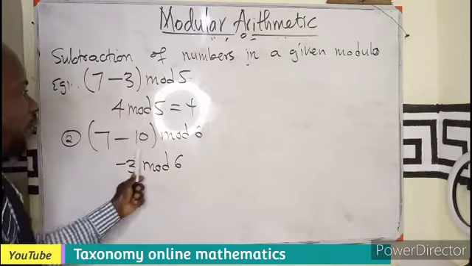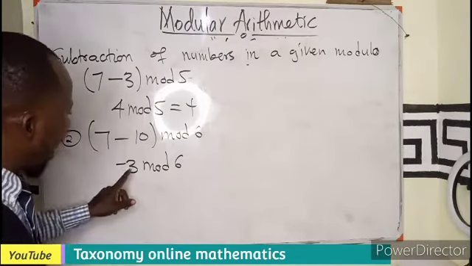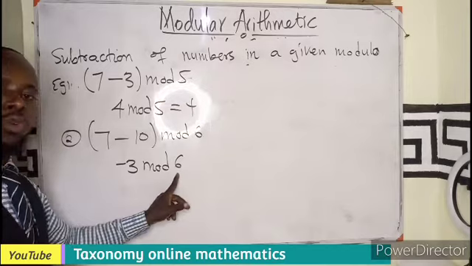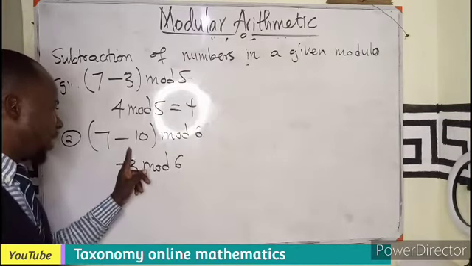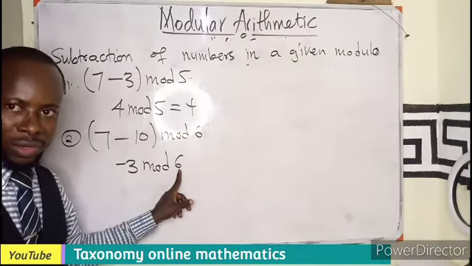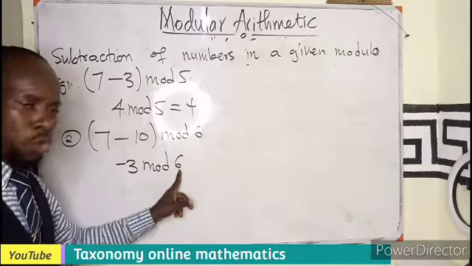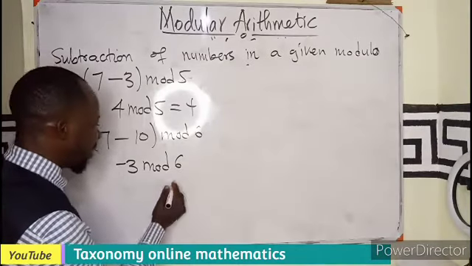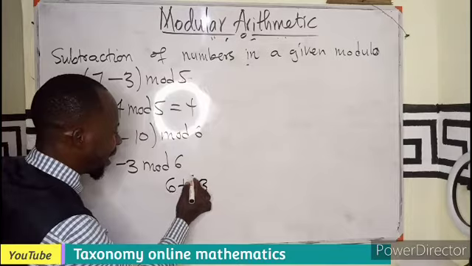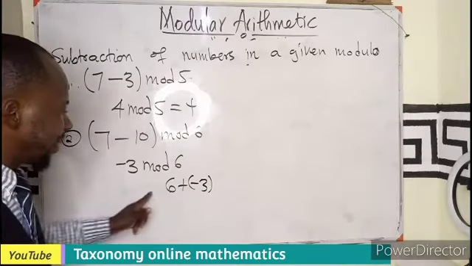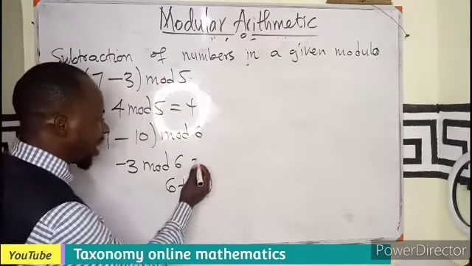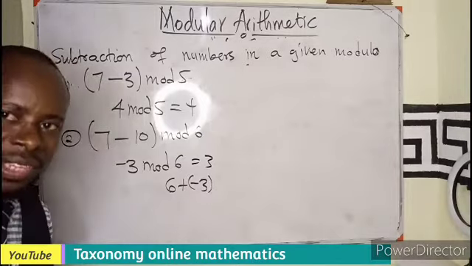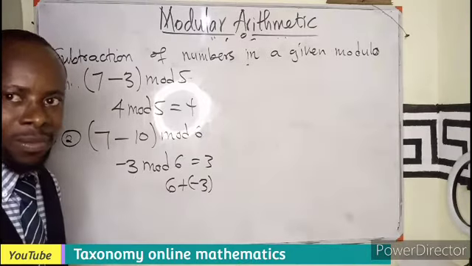Now what you have to do is add the mode to this number. It will be 6 plus minus 3. What do I get? I get 3. So my answer is going to be 3. Until I get a positive answer, I continue adding.